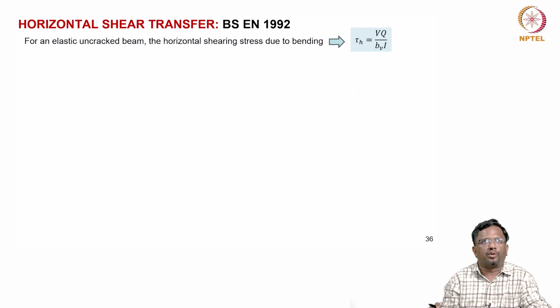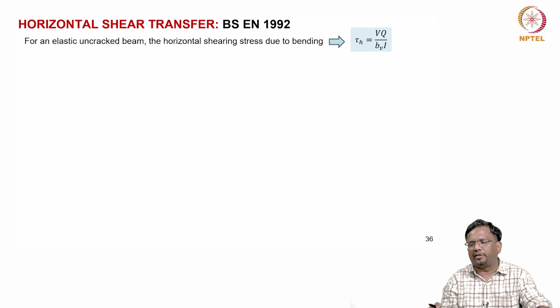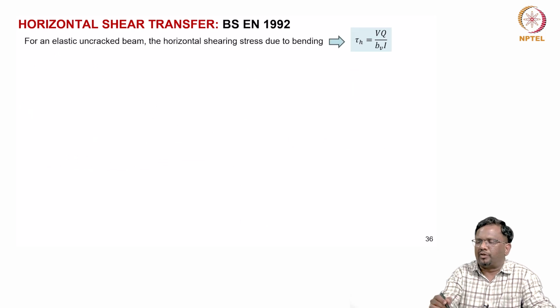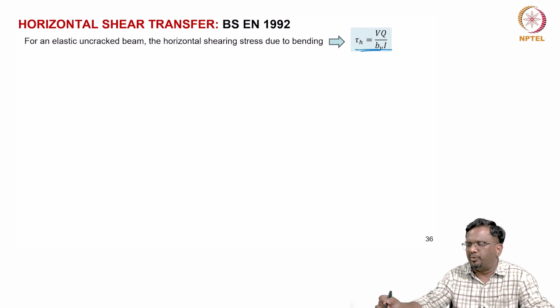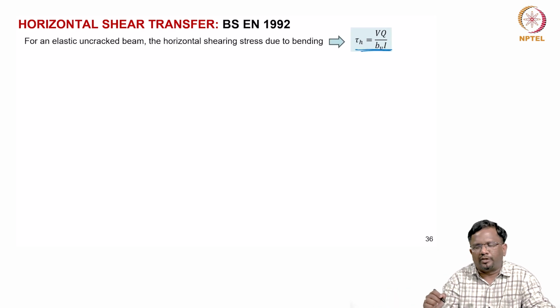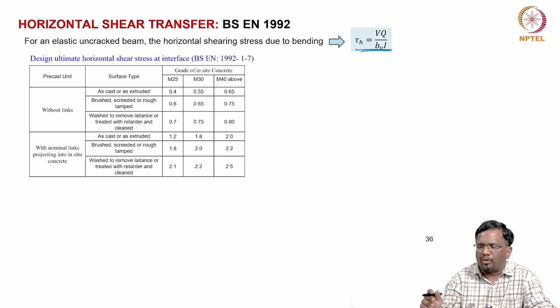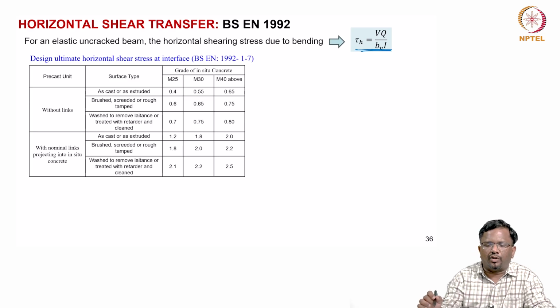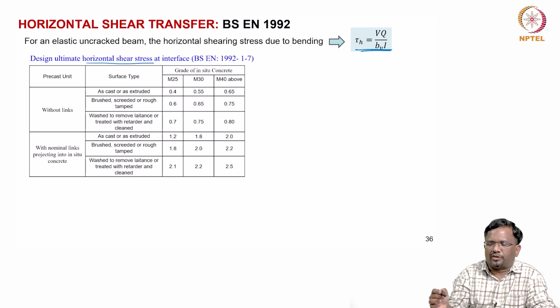Okay, now what does the code say? For an elastic uncracked beam, we know the horizontal shear stress due to bending is VQ by BI. B is typically the width of your web. Now, the code gives you different values that we can consider for the horizontal shear stress at the interface.